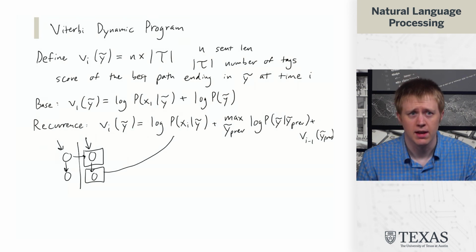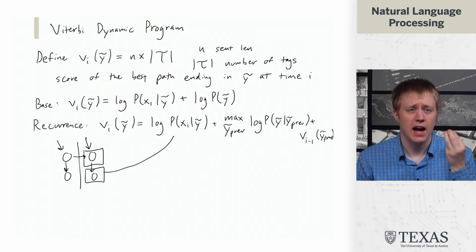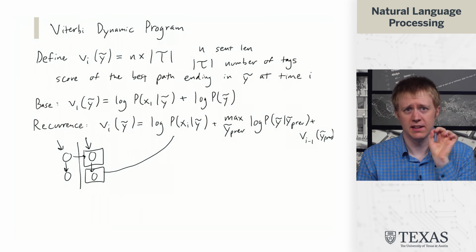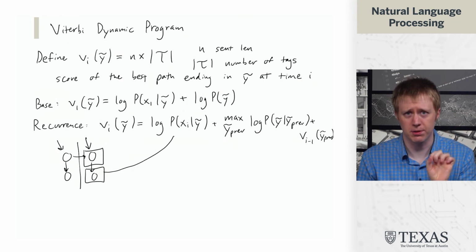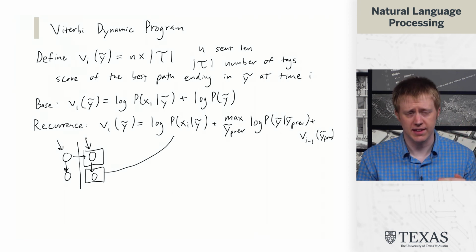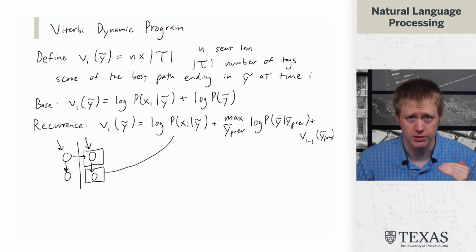Now, the transition depends on the value of the previous tag here. And remember that at the end of the day, our goal is to compute the best sequence ending in this tag at this particular time step. And so what we do is we think about, okay, what are all the possible previous tags that could have brought me here? And so that's what this max over y twiddle prev is doing.